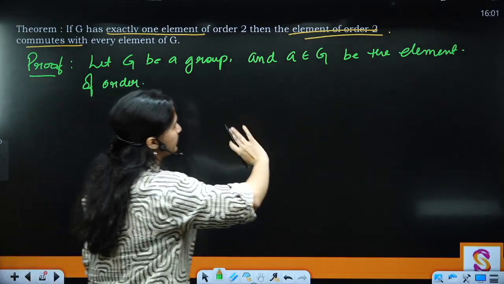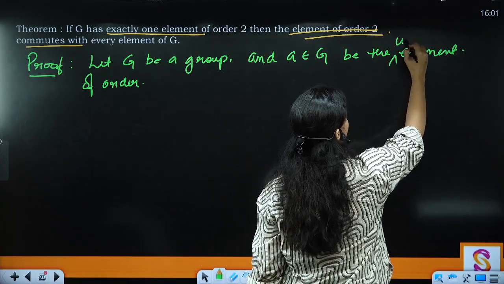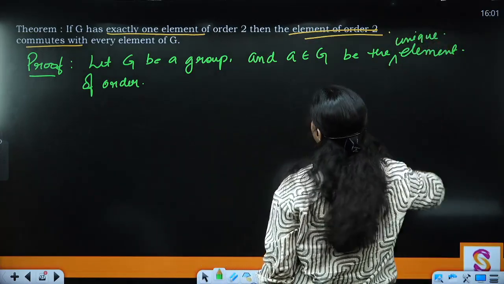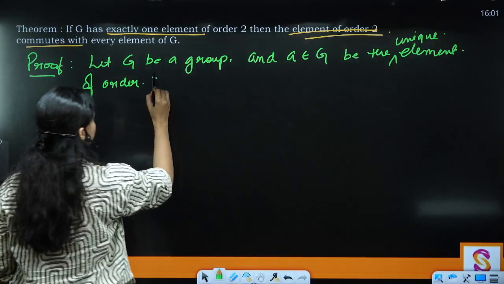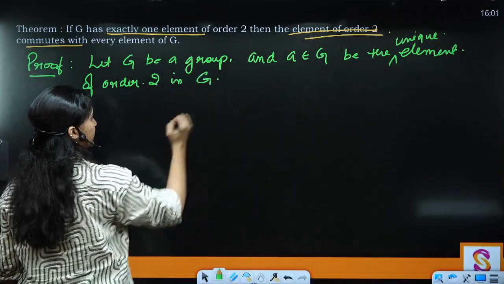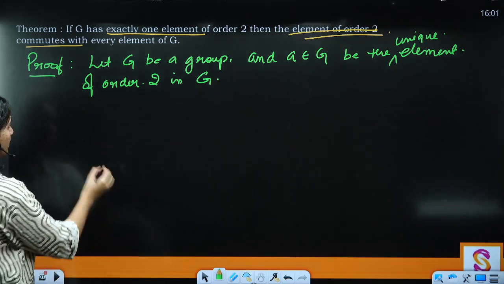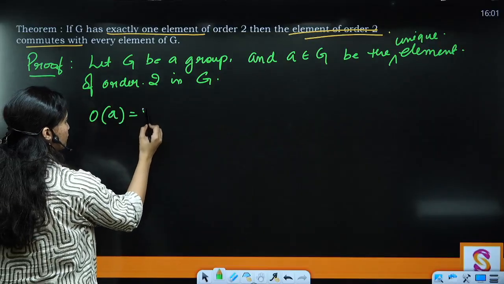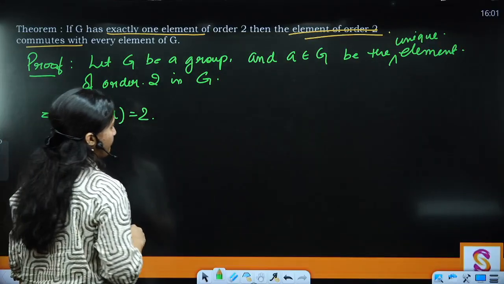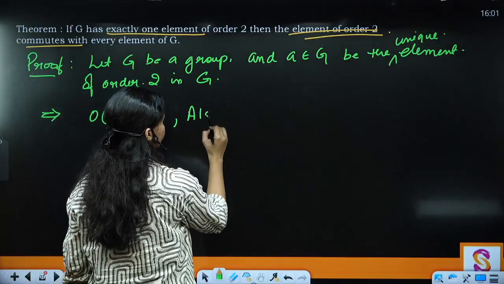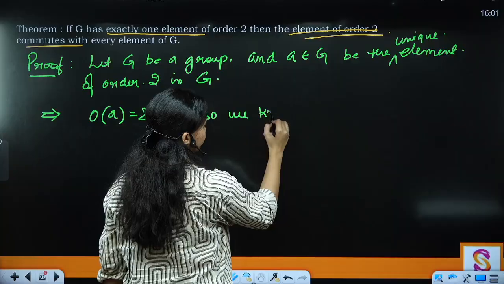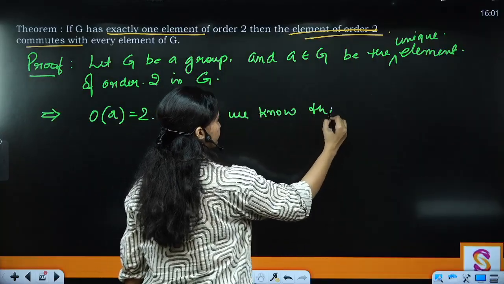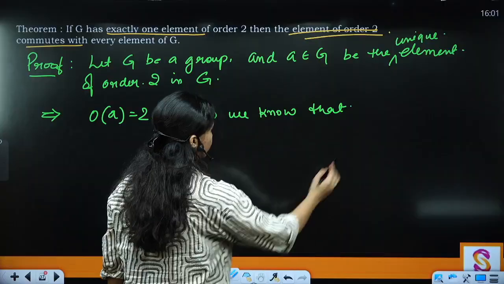Now a belongs to G be the element of order 2, and let me write here, be the unique element of order 2 in G. Clear? So this implies that order of a equals 2.